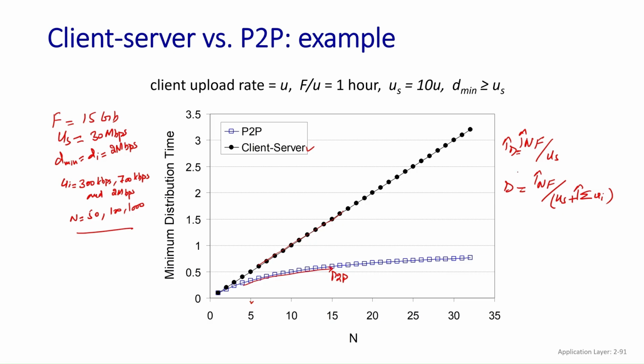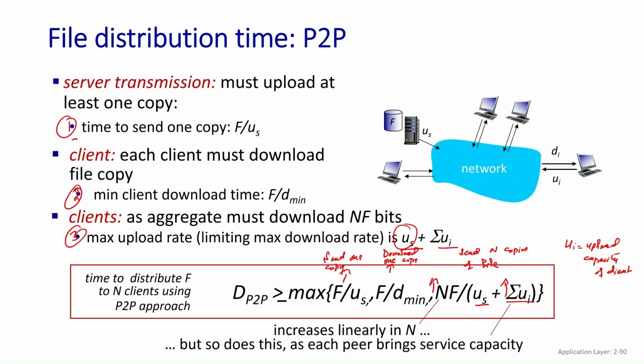To calculate the file distribution time, I need n, file size, server capacity, and u sub i. In the case of peer-to-peer, the file distribution time is the maximum of three terms, so you also need d min.